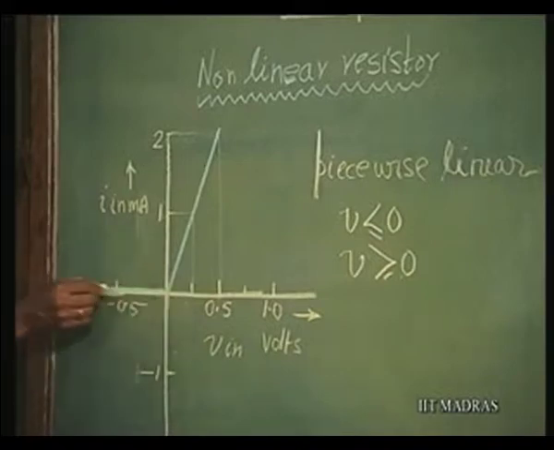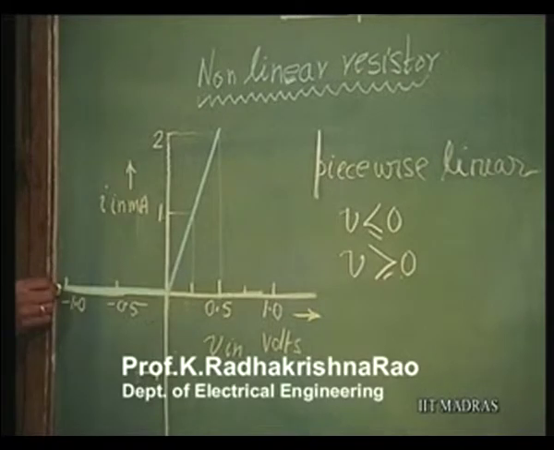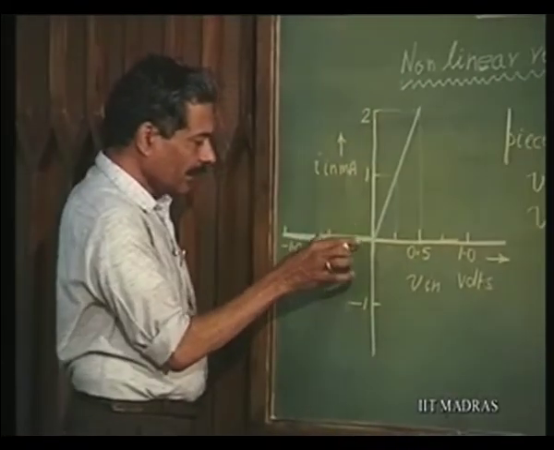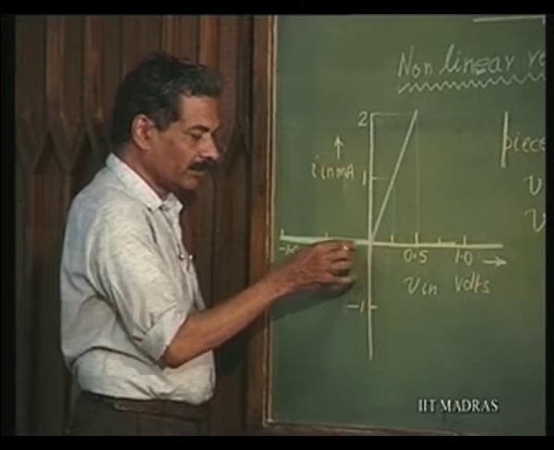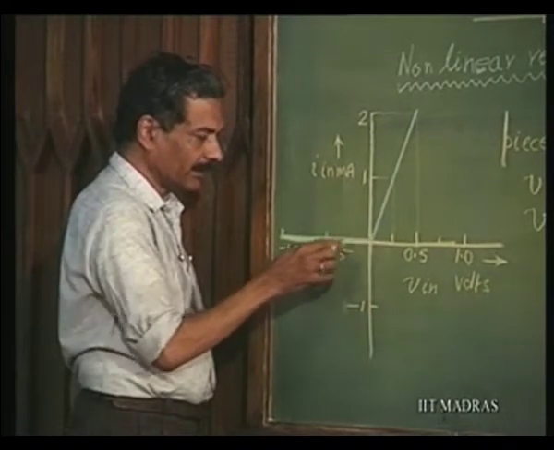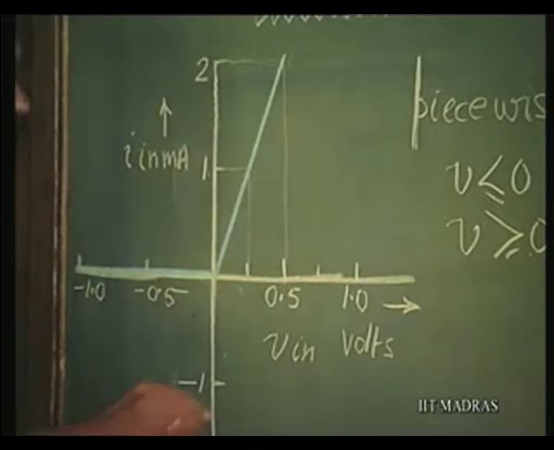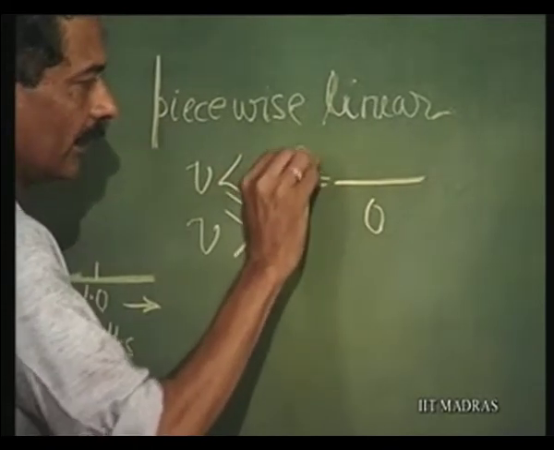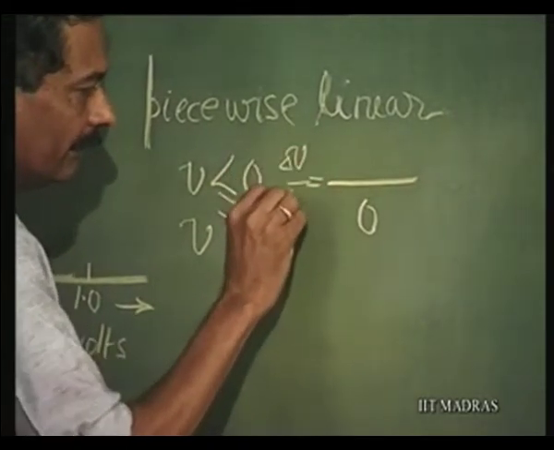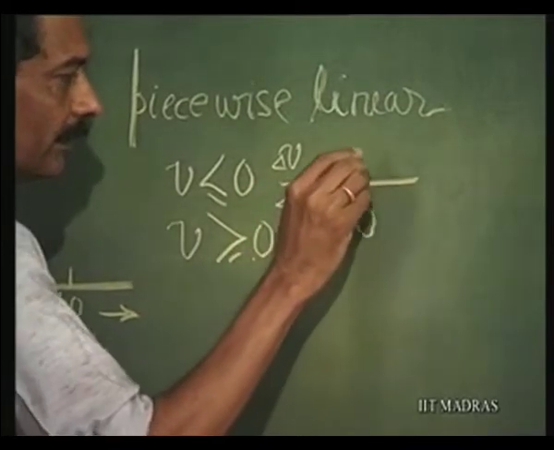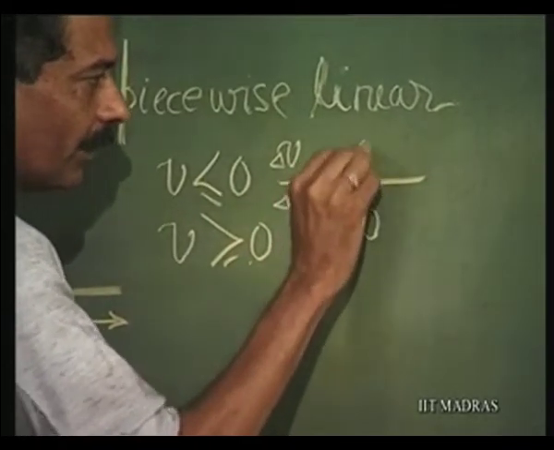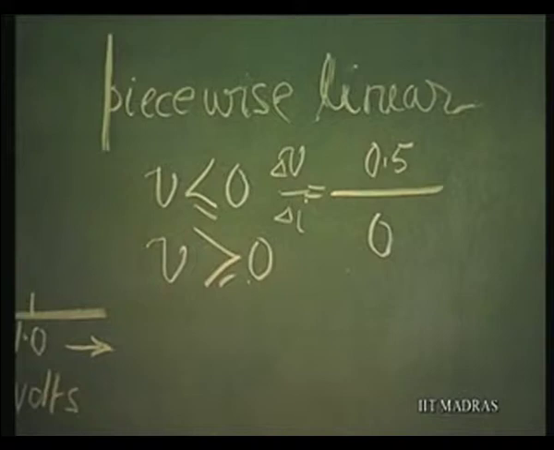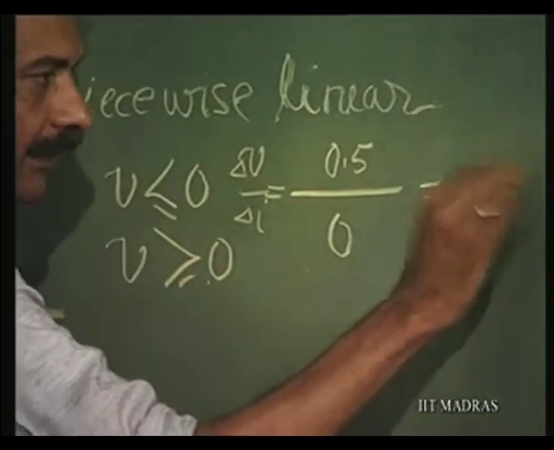Whatever change in voltage I take, let us say 0 to minus 0.5, the current is going to be 0. So, delta V by delta I is going to be something finite, maybe 0.5, divided by change in current which is 0. So, the resistance is infinity.